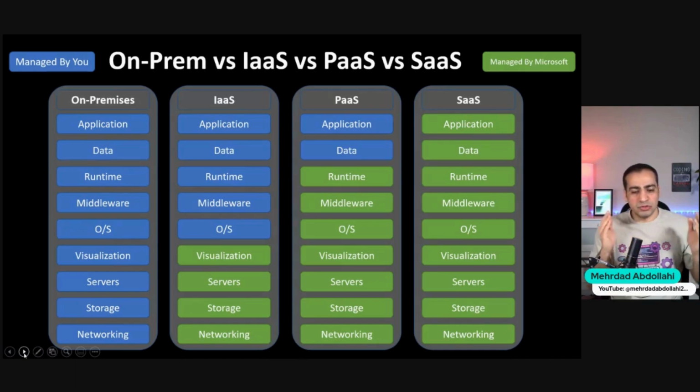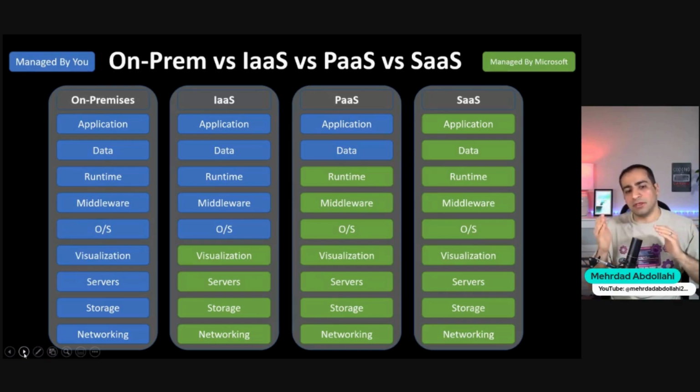When you want to create an application, you need a server, you need a server room, you need racks, you need the computers, you need power, you need whatever, right? You need licensing of the OS, and all of it is managed and maintained by yourself.